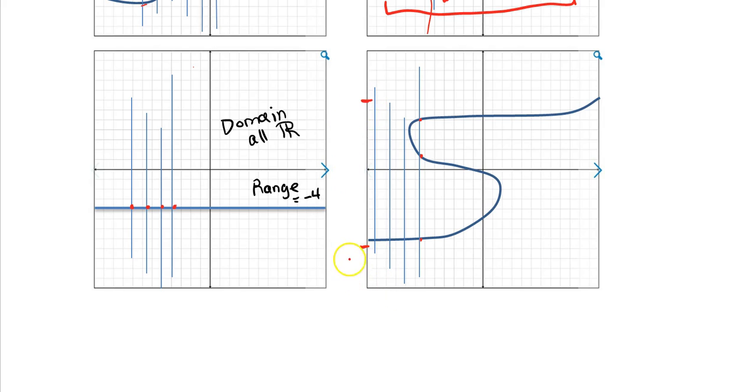This would be my range. Not the best sideways writing I've ever done, but there we go. Everything beyond those points would not be included if we're going to mark our domain and our range. But I wanted to make sure we're clear that you can have a range that is exactly one number.